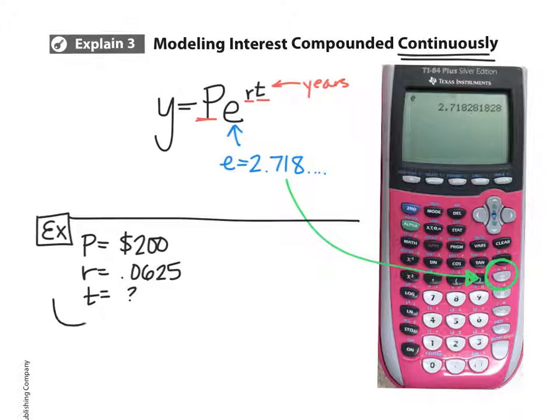So this time when we write our equation, we're going to have y equals 200, still start there, but now there's no parentheses. This is just the number e to the 0.0625T.